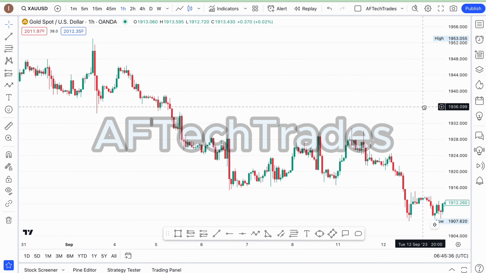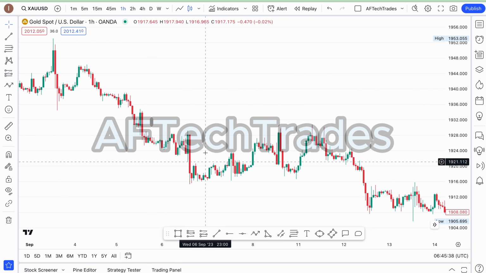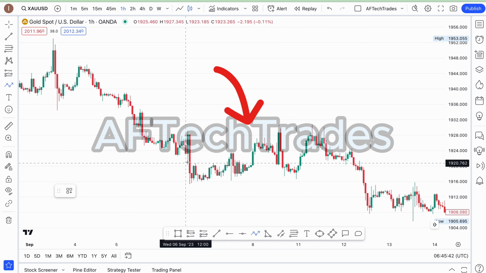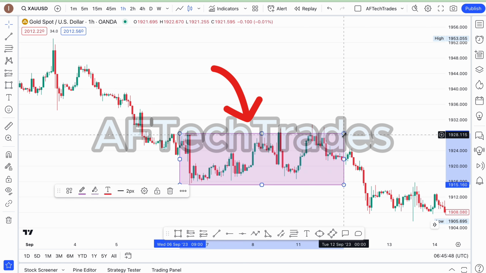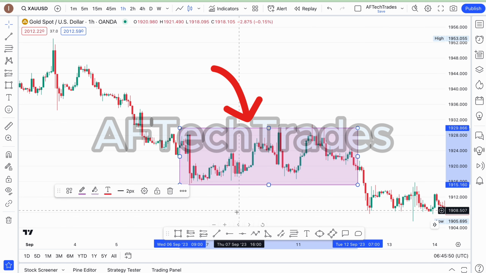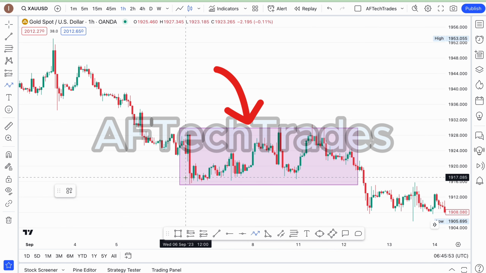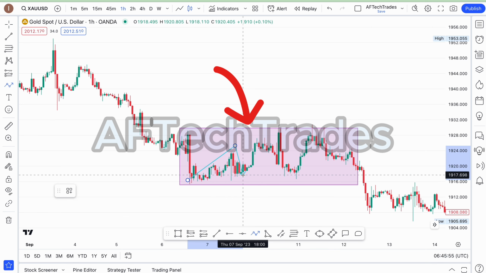Okay. So you can see here also is a consolidating area. Let me mark it out for you to see. This zone right here is a consolidating area. You can see the market was consolidating around this area before its breakdown.